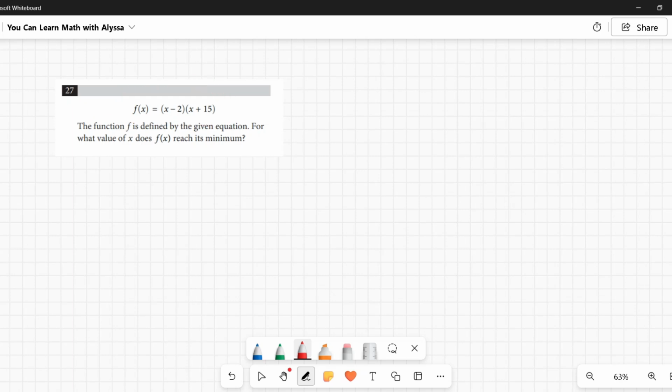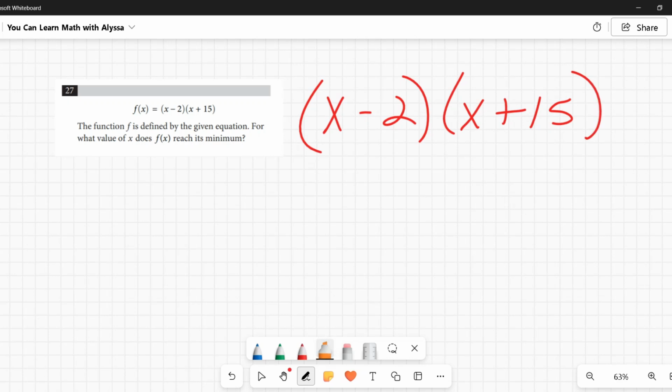So, 2 ways you can do this. You can plug it into your graphing calculator, and then, wherever it ends up, you find the minimum, and then you say, what is the x value at that minimum? That's it. If you want to do this manually, I go x minus 2 times x plus 15, and I would distribute this.